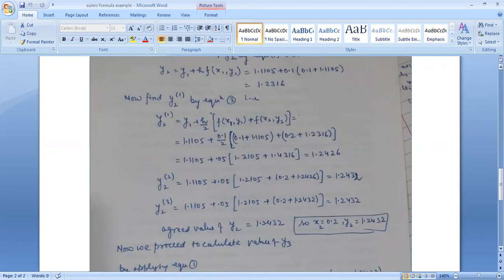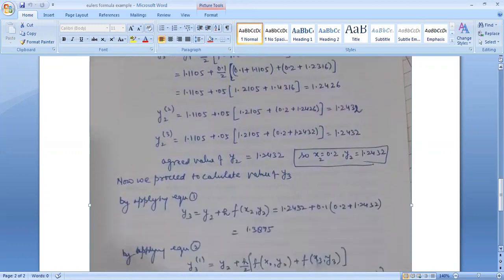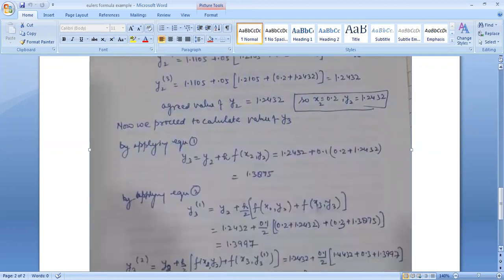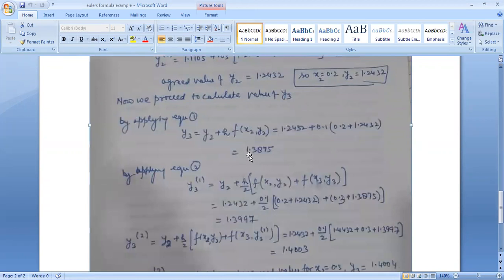Similarly, then we go for the third. So calculate the value of y3 by applying equation number 1. That will be coming at 1.3875. Now by applying equation number 2, we will try to find out y31. That is coming around 1.3997. And then y32, which is coming as 1.4003.